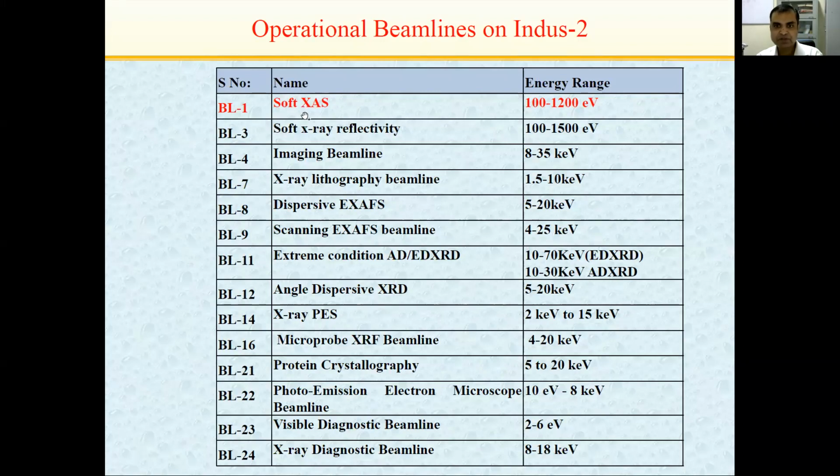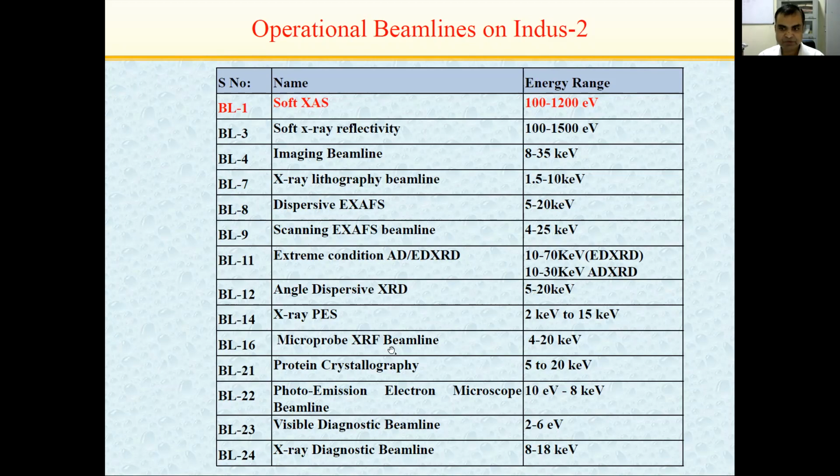Then X-ray lithography beam line, what it allows us is to pattern a given material in different geometry as per the desired. Then one can do dispersive and scanning extended X-ray absorption fine structure. Dr. Jha just talked about it. Then one can also do angle dispersive or energy dispersive X-ray diffraction, angle dispersive X-ray diffraction in different photon energy ranges.